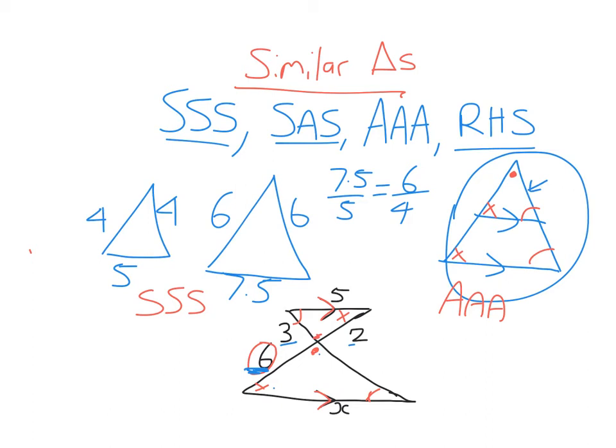So I need to find the corresponding side in the smaller triangle that has the x and the dot, and that's this one here. So actually 6 corresponds to 2, not to 3. So the scale factor is 6 over 2, which is 3. So x is a side in the larger triangle. So x will just be 5 times the scale factor, which is 15. How easy is that? All right, I'll now go on to our last topic of quadratics and their graphs.